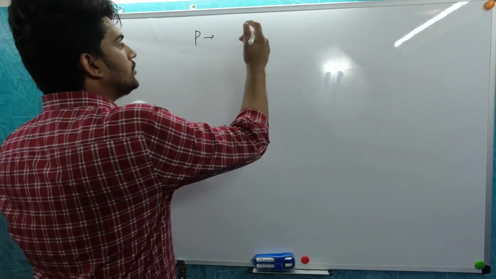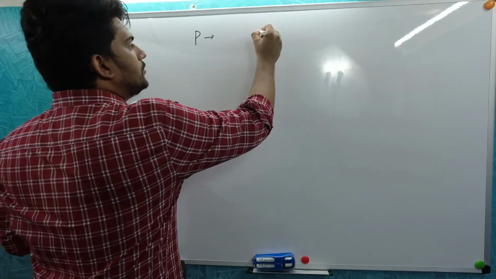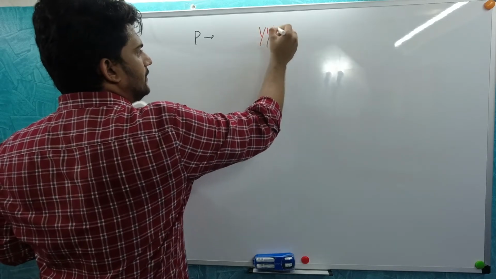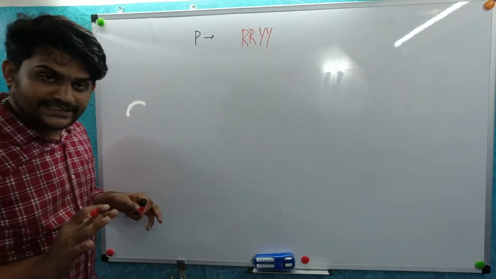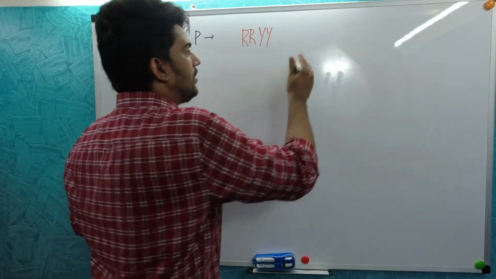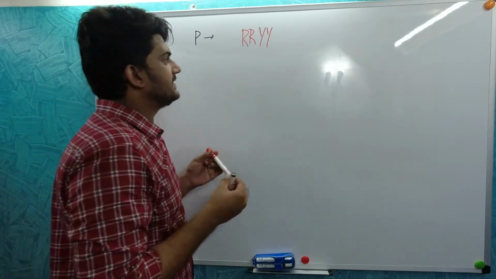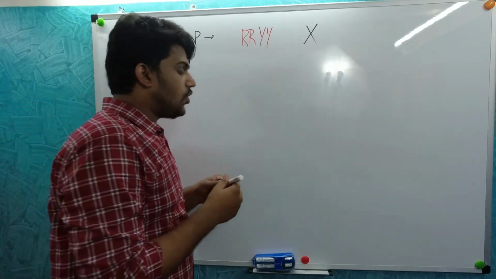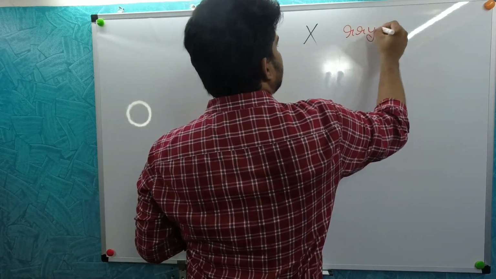Remember it, homozygous round yellow, which is being crossed with homozygous wrinkled green.